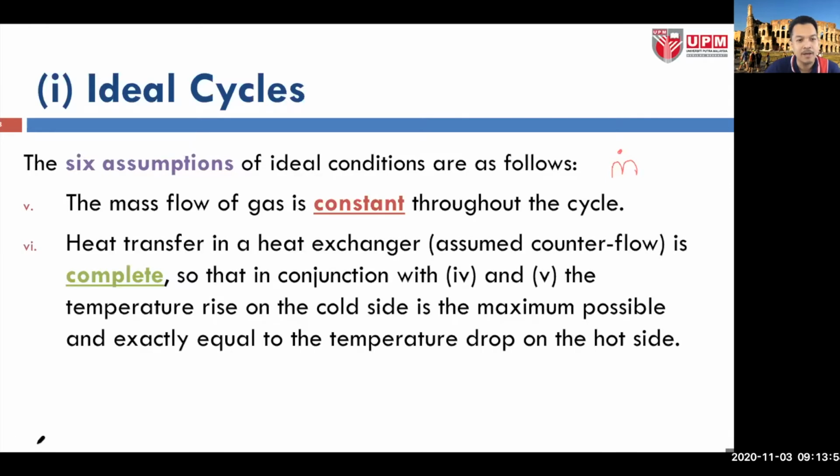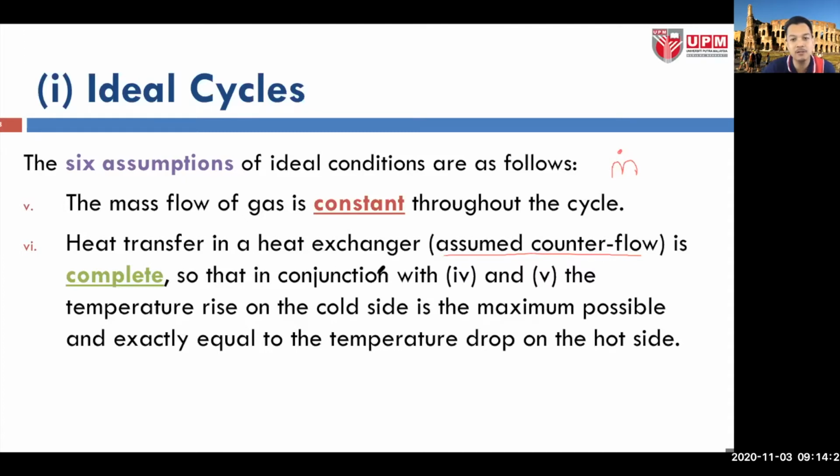And the heat transfer in the heat exchanger, we assume the counterflow heat exchanger is complete. Of course, in real conditions it is not complete. Normally it is about 80% to 90% efficiency if you have a very good heat exchanger system. But we assume everything is complete.